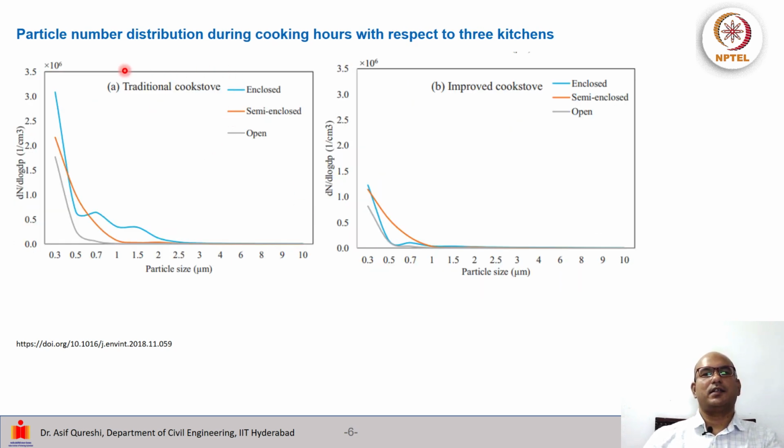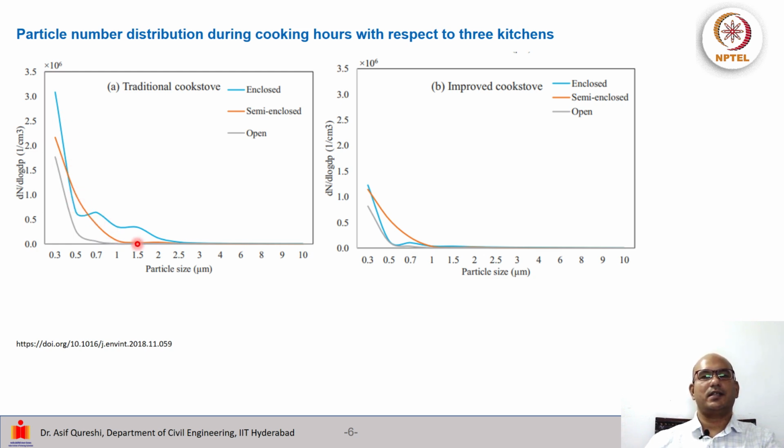This is the particle number distribution in the enclosed kitchen. We have more particles in the range less than 0.5 micrometer, and the profiles are almost similar in enclosed, semi-enclosed and open kitchens, with the difference being that the open kitchen has a distribution towards the lower particle size compared to the enclosed and semi-enclosed kitchens.